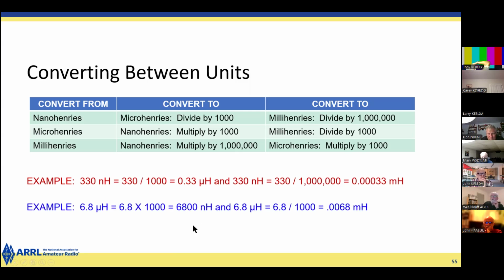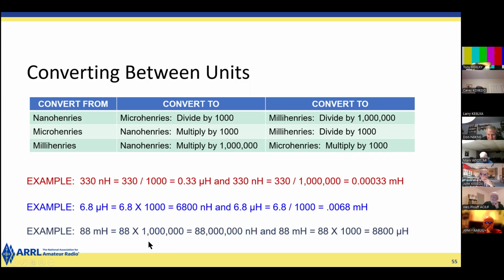6.8 microhenries is 6,800 nanohenries and 0.0068 millihenries. And again, from micro to nano, you multiply by 1,000, and from micro to milli, you divide by 1,000. Millis to nano are multiplying by 1,000,000, and millis to micros, you multiply by 1,000.